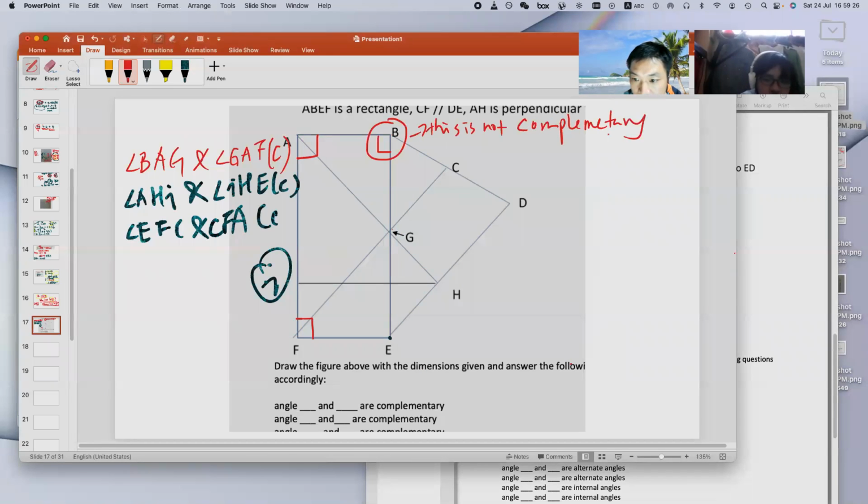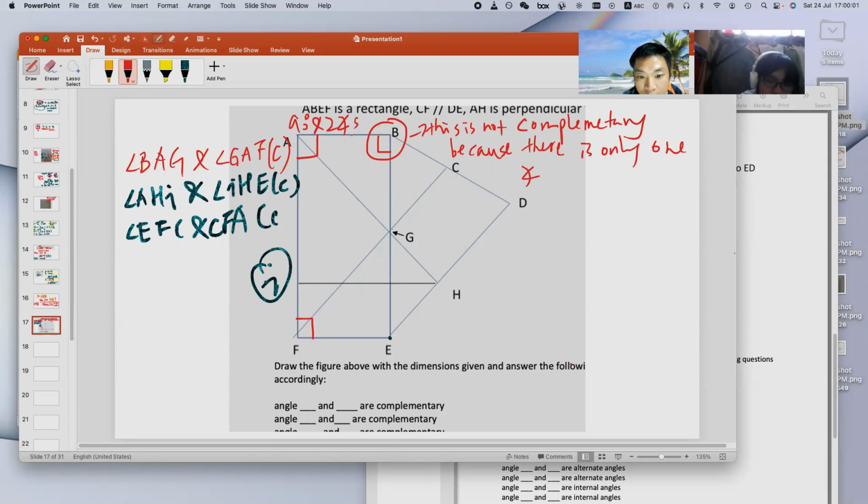The reason: it's 90 degrees, but it's not complementary because complementary means add up to 90, and here there is only one angle. When you say add up, it means two angles.